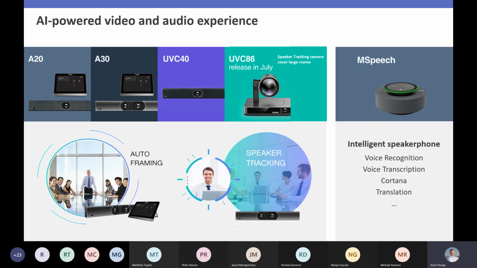Speaker tracking, on the other hand, will detect who is speaking in the meeting and zoom into that person. Now, some of these AI features sound amazing. Some people love them, some people hate them.